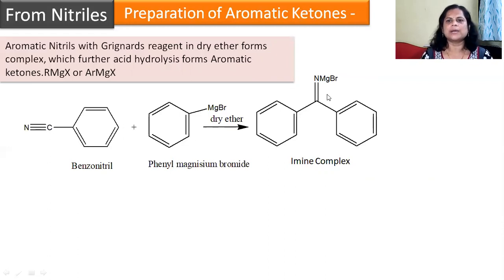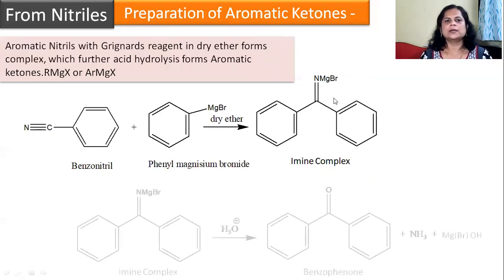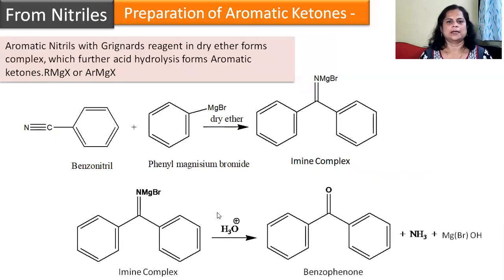This is called an imine complex, which further undergoes hydrolysis, and the nitrogen of that imine complex is removed in the form of NH3, and MgBr goes with the OH, and NH3, MgBr, OH are removed from this reaction mixture, and benzophenone we get here as a major product which contains two phenyl rings bonded with the C double bond O. Means we prepare aromatic ketones.